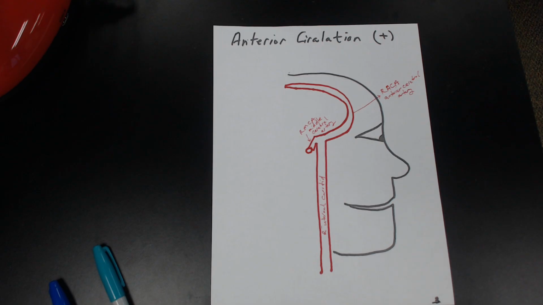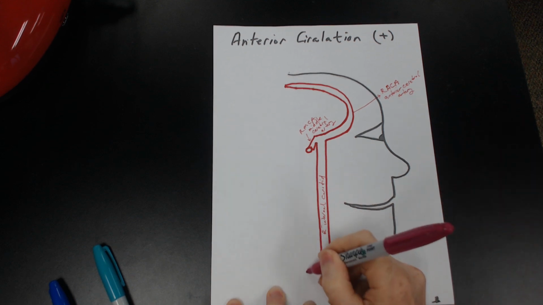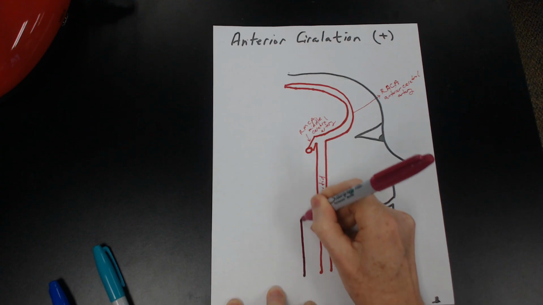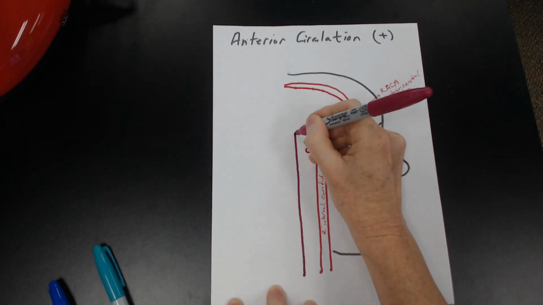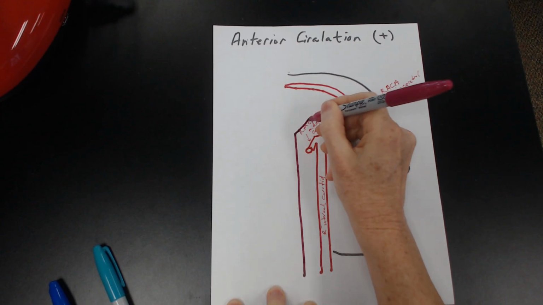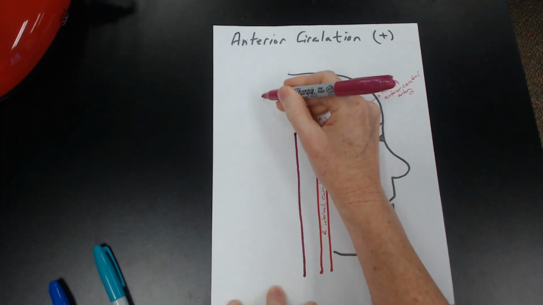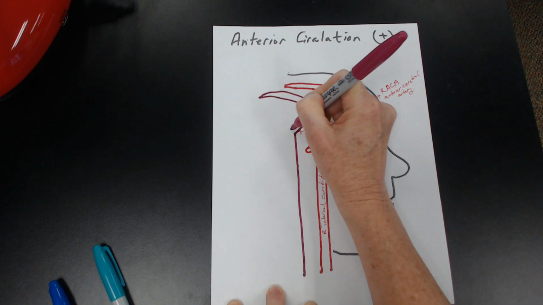Now the confusing part happens when I try and connect it to the other side. So what I'm going to try and do is draw the left internal carotid here, and I'm going to use a little bit different color. So what happens is the left internal carotid is going to come up parallel with that right internal carotid. Right. And then it's going to flip backward over that corpus callosum here.